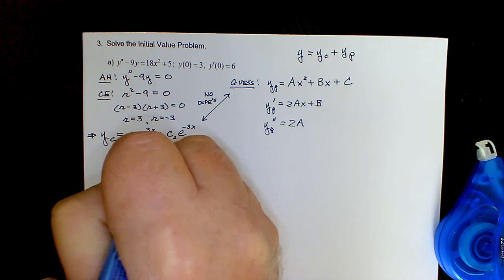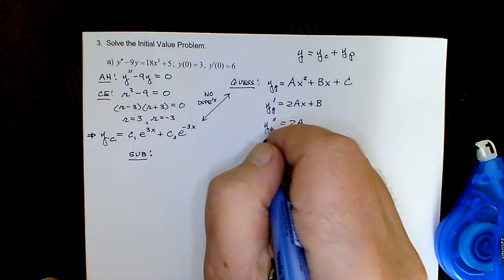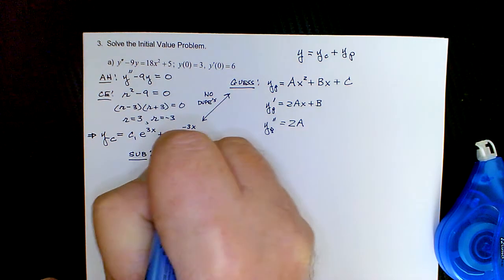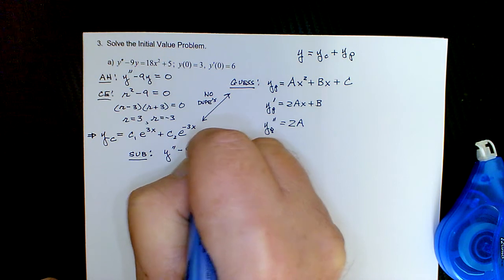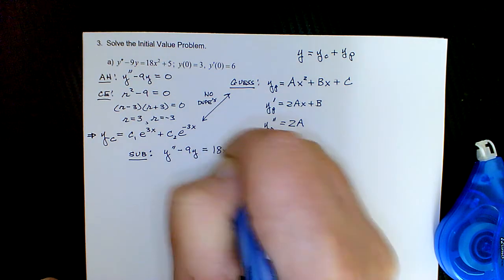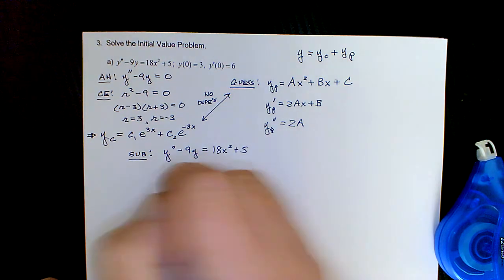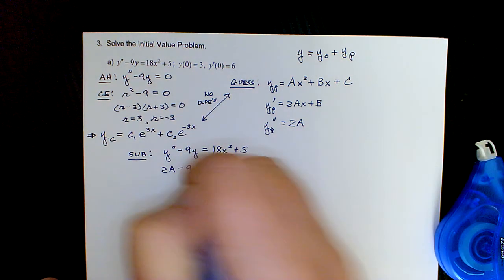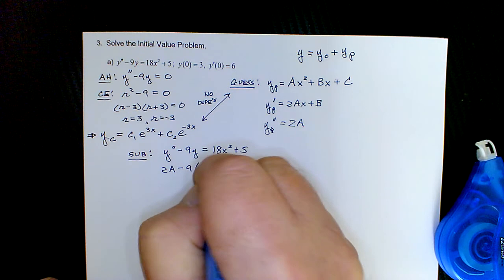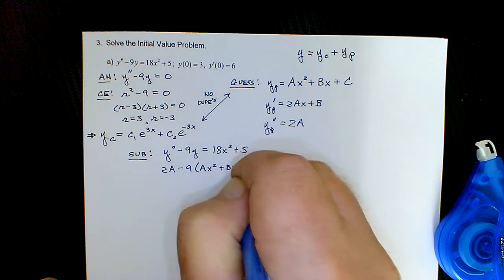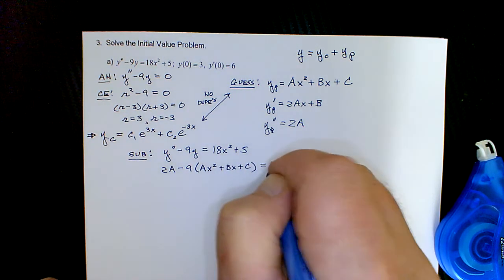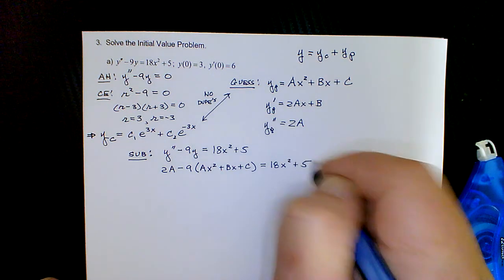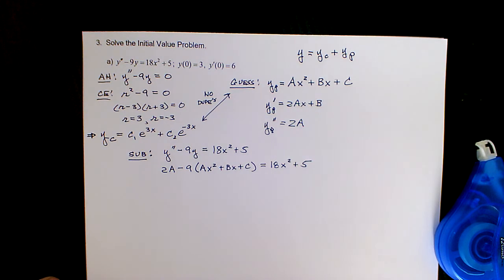And now we substitute. So we're in search of y sub p. Let me rewrite the given differential equation, y double prime minus 9y equals 18x squared plus 5. You don't have to rewrite it. But substituting y double prime, 2a, and then minus 9 times y, which was ax squared plus bx plus c, that has to equal 18x squared plus 5.